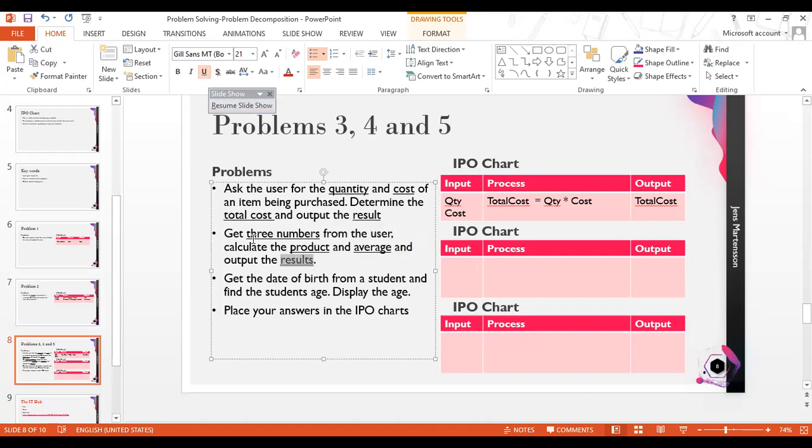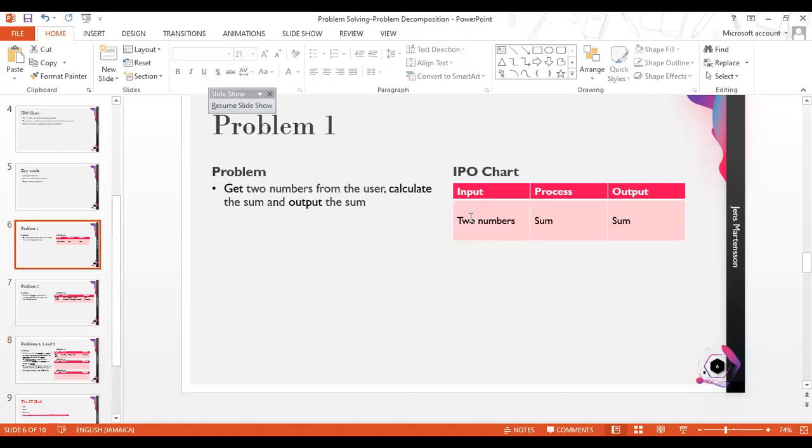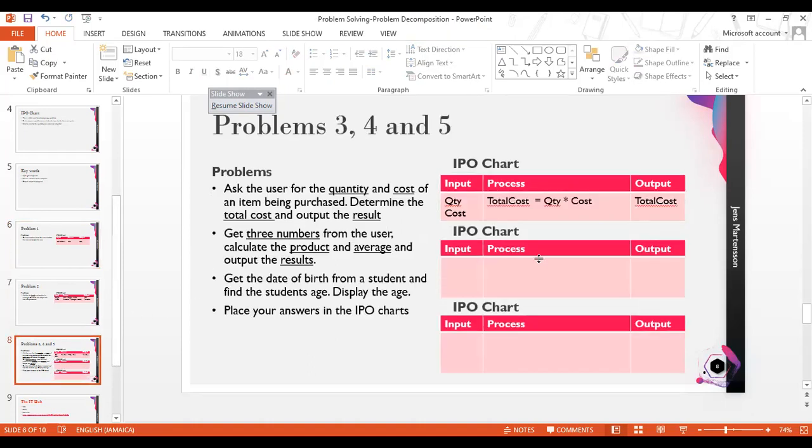Okay, so we're asked to get 3 numbers. In our previous example, we had put the word 2 numbers in the input section. But in this example, we're going to break it down. If I sent you to buy 2 cups of juice, you would not bring back 1 cup with 2 separate flavors in the 1 cup.